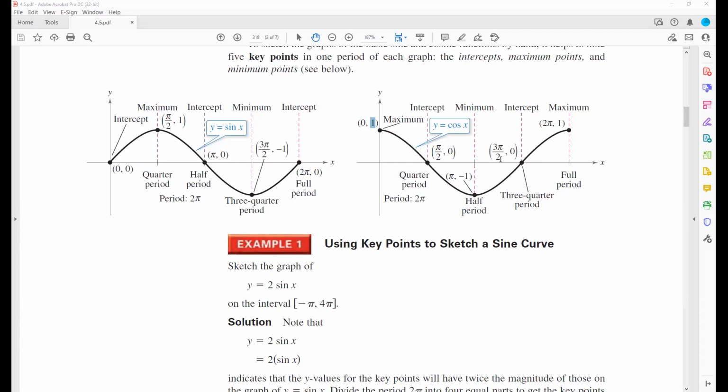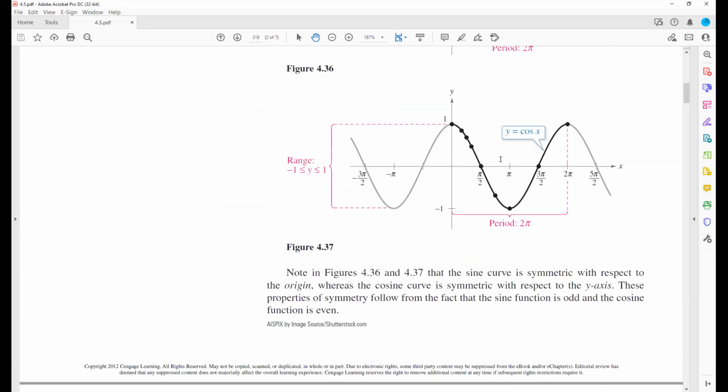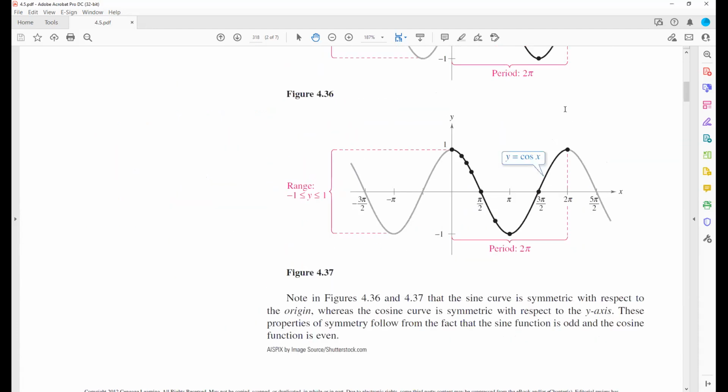But note that if the question says, hey, how many zeros a cosine has, you're going to say, hey, it has infinitely many zeros. The graph hits the x-axis at infinitely many values because the graph continues on all sides.